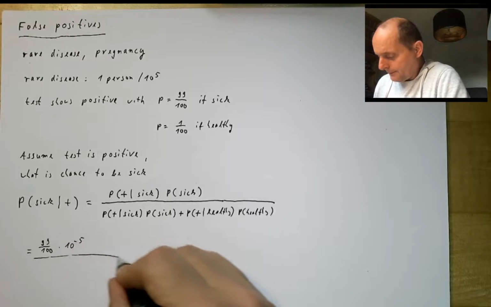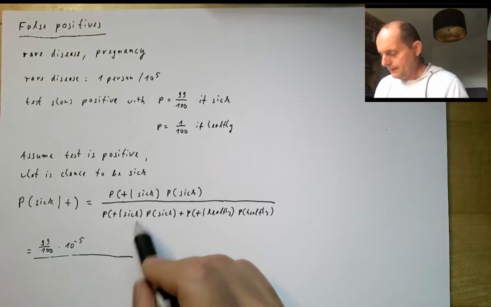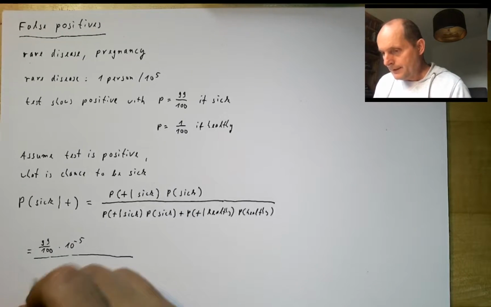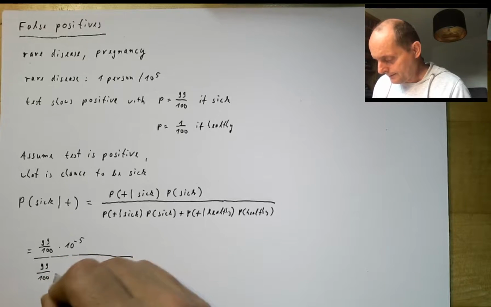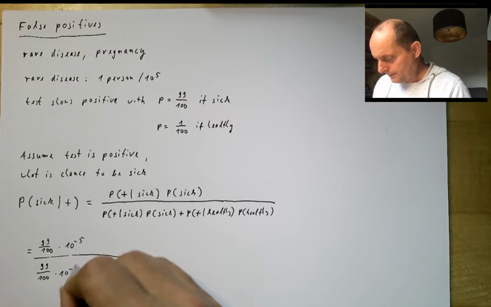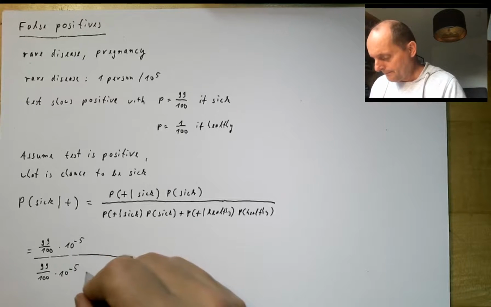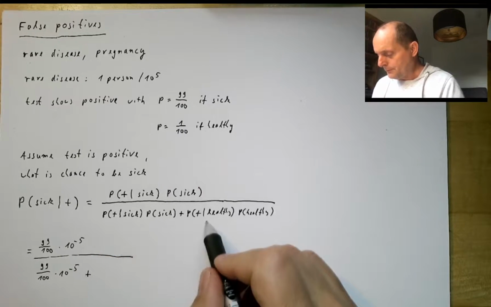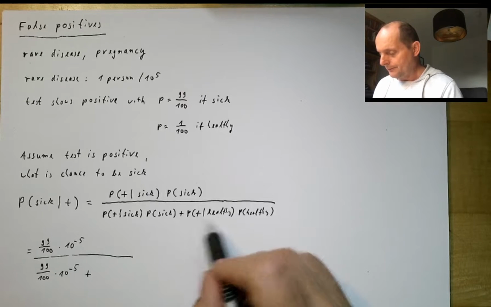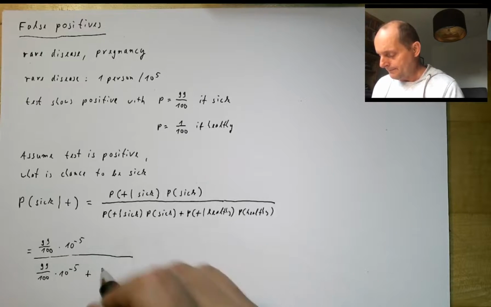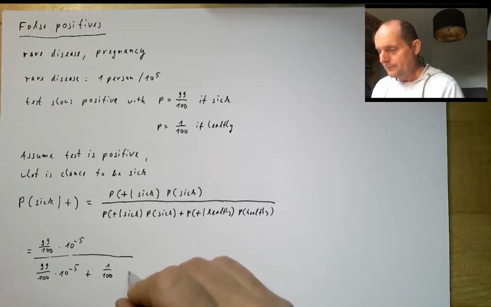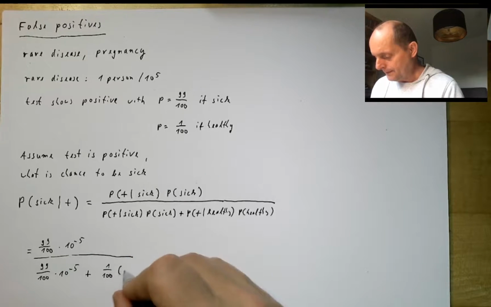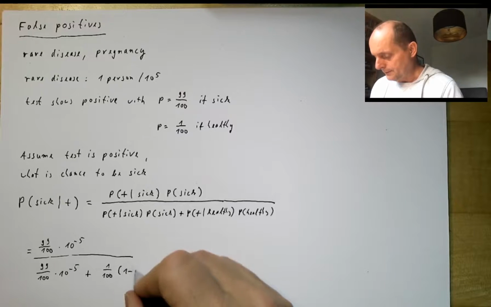And this we have to divide by the same thing again, 99 over 100 times 10 to the minus 5, plus the probability the test is positive even though the person is healthy. That's 1 over 100, and the probability to be healthy is 1 minus the probability to be sick.